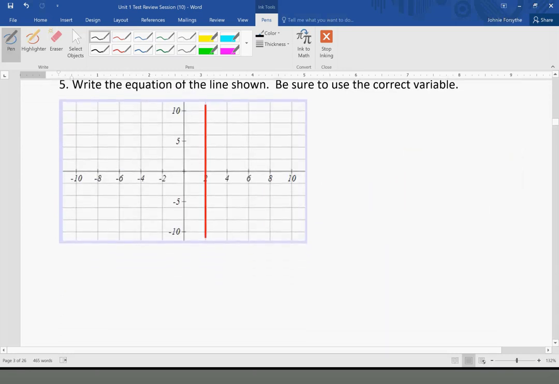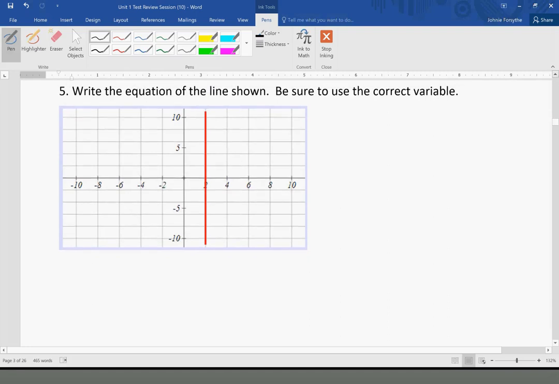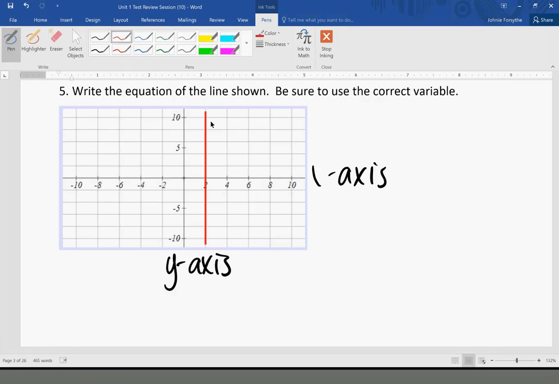Number 5, write the equation of the line below. Be sure to use the correct variable. So we have a coordinate plane here. The horizontal axis is your x-axis. The vertical axis is your y-axis. This red line is crossing the x-axis at the point 2.